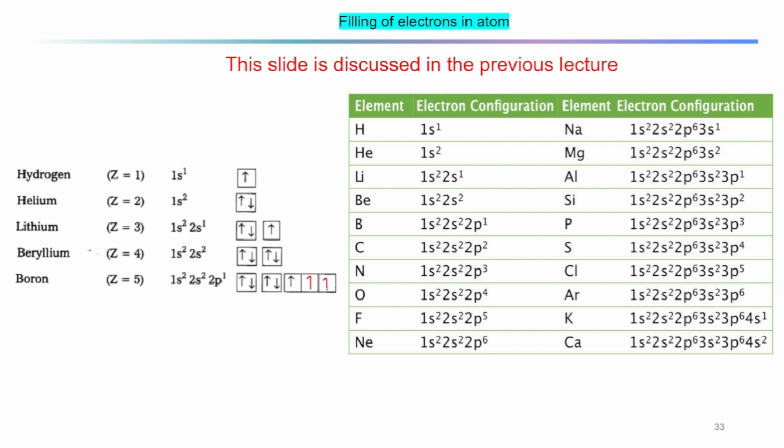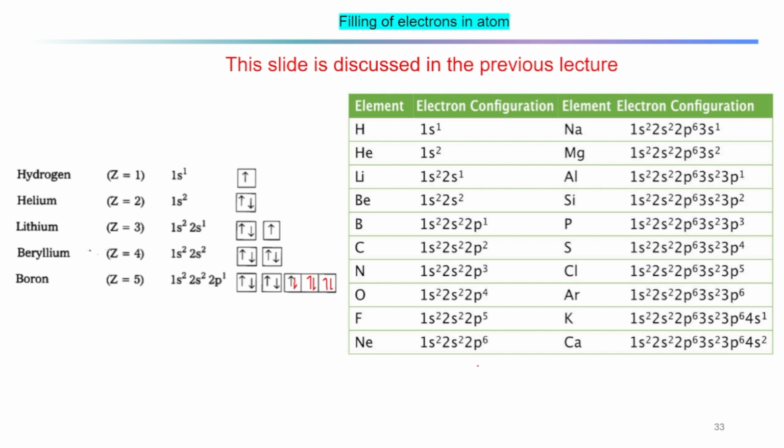And after that, if we put one more electron, that means 2p4 in case of oxygen, that electron will go here and that will have down spin. In case of fluorine, we will have one more electron, and in case of neon we will have full filled configuration. So this is the electronic configuration you can see.